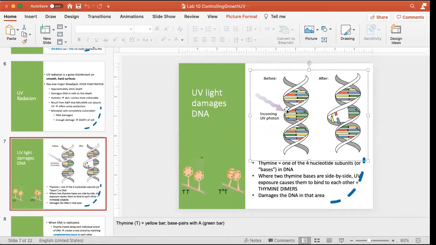On each strand of the DNA molecule, there are bases jutting off of it. You can see in this diagram, the bases have been color coded: red, blue, yellow, and green. There are 4 bases in DNA, T, A, G, and C. That stands for thymine, adenine, guanine, and cytosine.